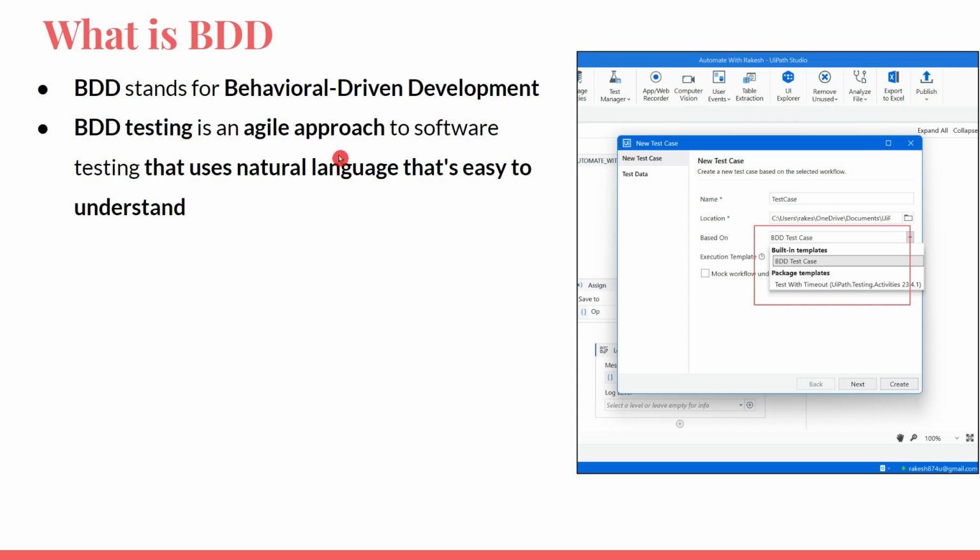BDD testing is an agile approach to software testing that uses natural language that's easy to understand. So it is saying it uses something called natural language. So what is the natural language? First thing I understood from this is that BDD is a testing term. It's a kind of approach which uses natural language, but I still did not get it.